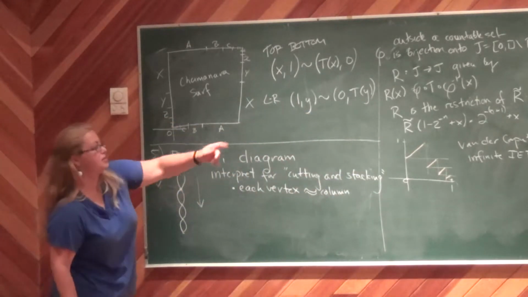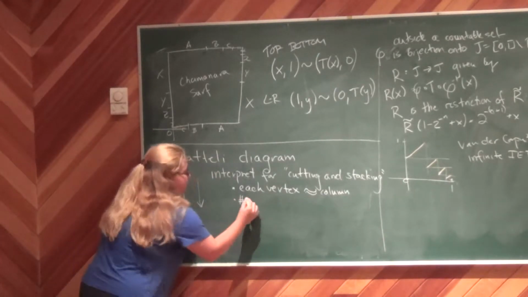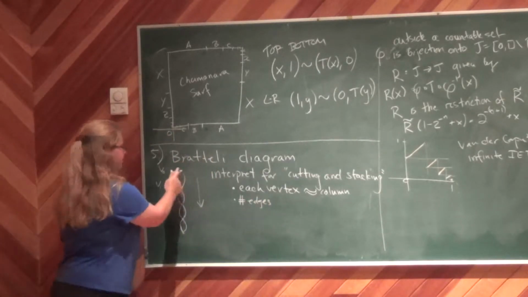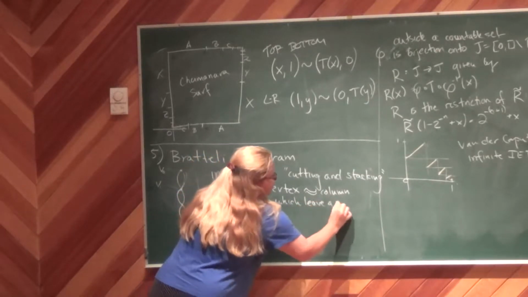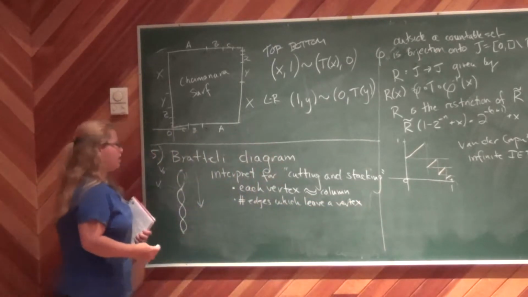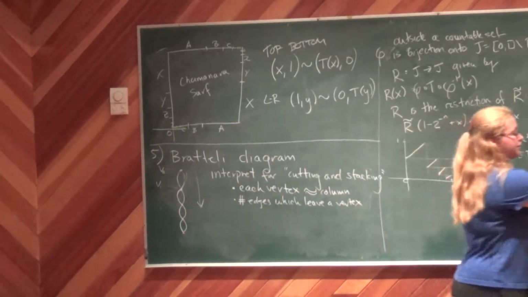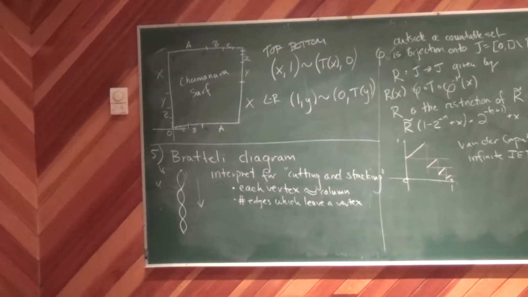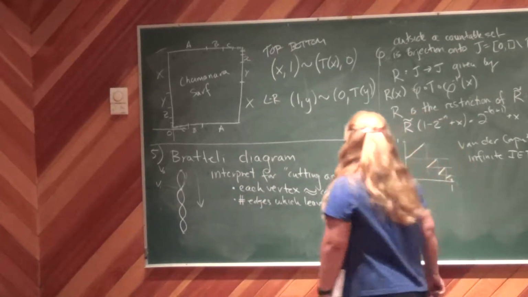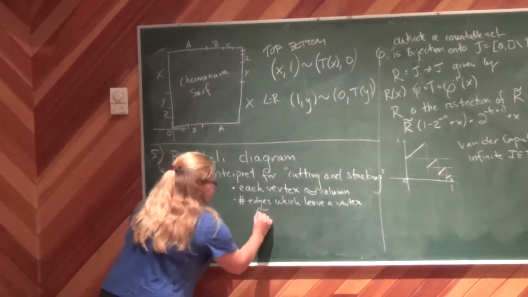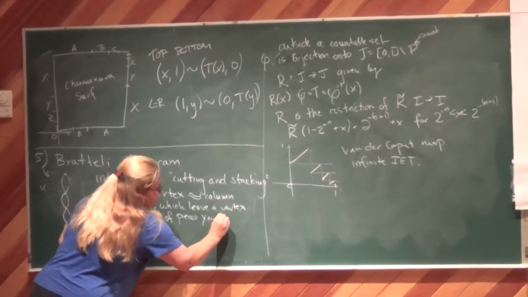The V1 vertex corresponds to the C1 column, and the number of edges which leave a vertex corresponds to the number of pieces which you cut that tower into. So in this example, we cut each tower into 2 pieces, so there are 2 edges coming out of the vertex.